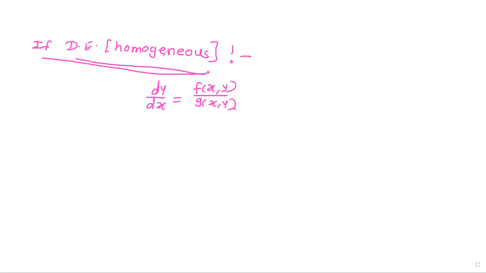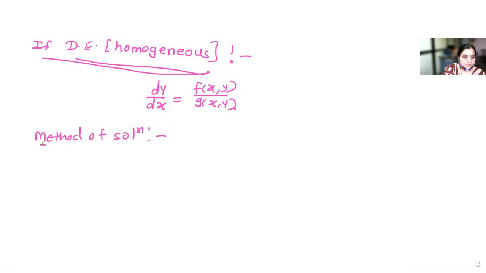Here we use the substitution method of solution. To solve this homogeneous differential equation, we substitute y is equal to vx, or we can say v is equal to y upon x. By using this substitution, we can convert the homogeneous differential equation into variable separable form.